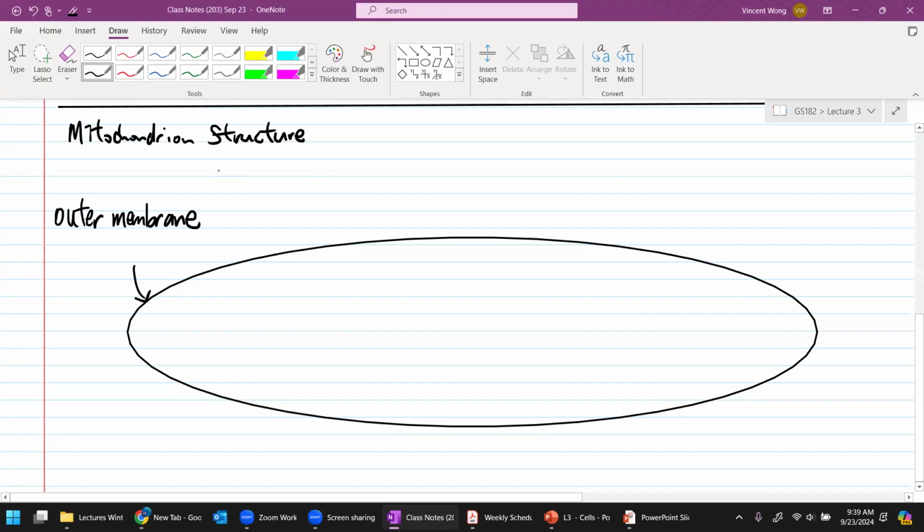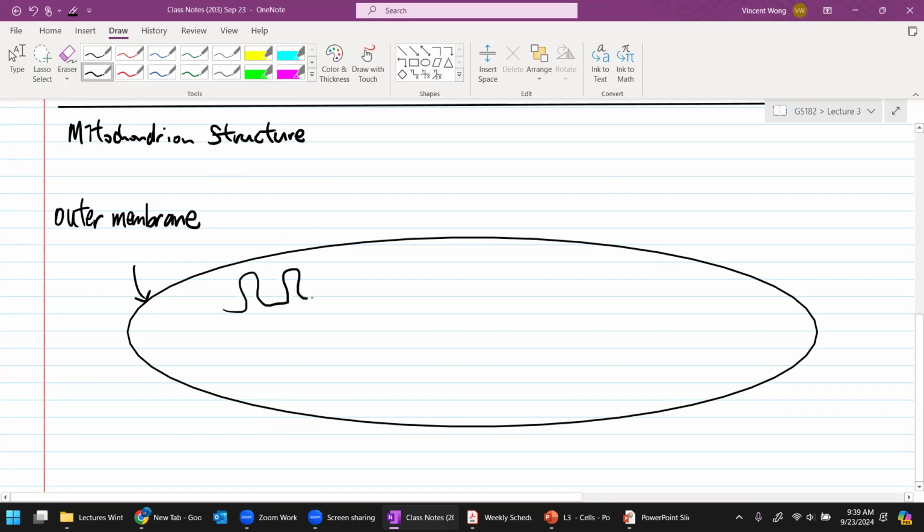Now, if there is an outer membrane, you can probably guess there must also be an inner membrane. But the inner membrane is going to fold out. So rather than being like this, it folds up into what are usually called finger-like projections. So let's draw it out like that.